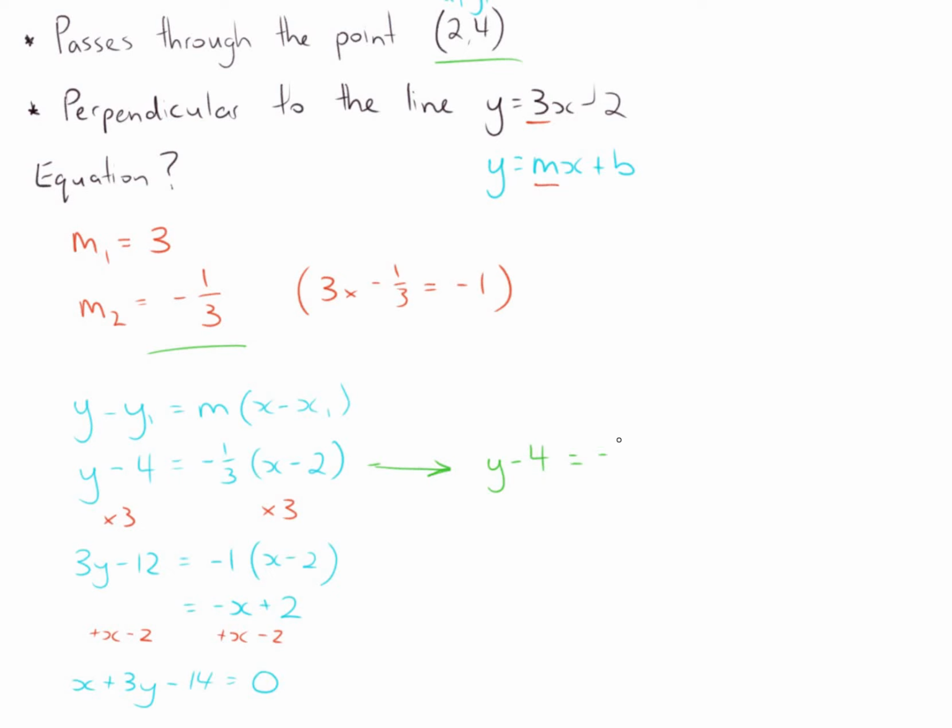So what we would do is expand out the brackets: minus 1/3 x, and then minus 1/3 times minus 2 gives us plus 2/3. And then we would just plus 4 to both sides, so that we get y equals negative 1/3 x plus 4 2/3. So if we wanted our equation in y equals mx plus b form, that's what it would look like. Otherwise, it's x plus 3y minus 14 equals 0.